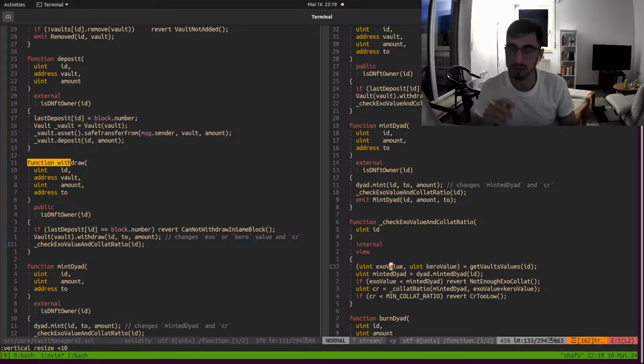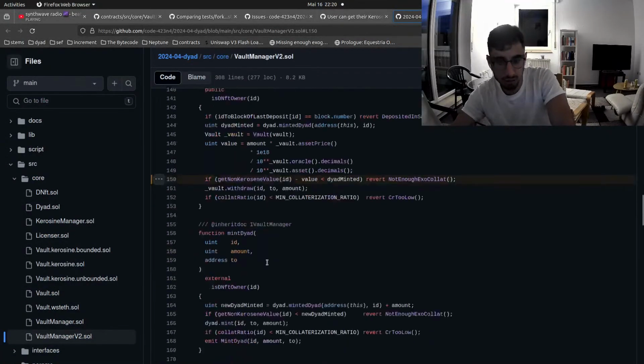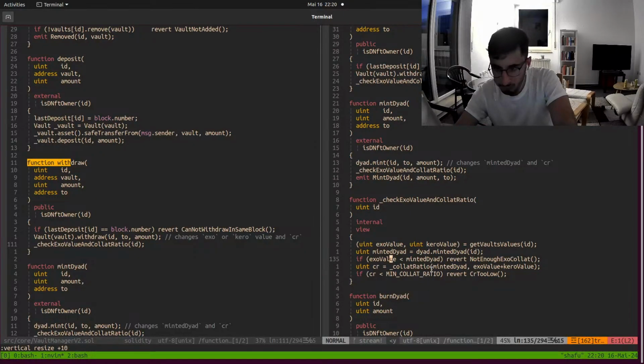So this automatically calculates it based on if we're withdrawing exogenous collateral or kerosene. As you can see in the audit implementation, we have this minus value thing, which is value always in USD. So we don't have that anymore, which I think is a big improvement.